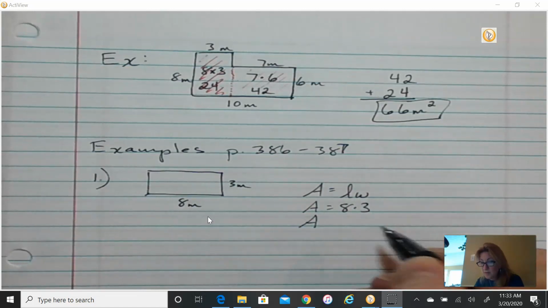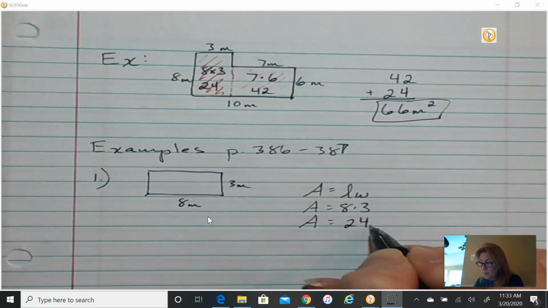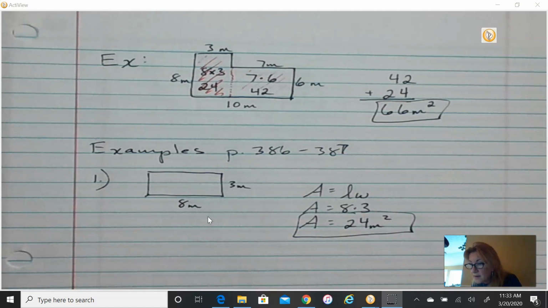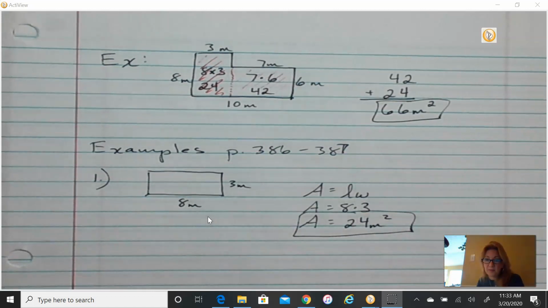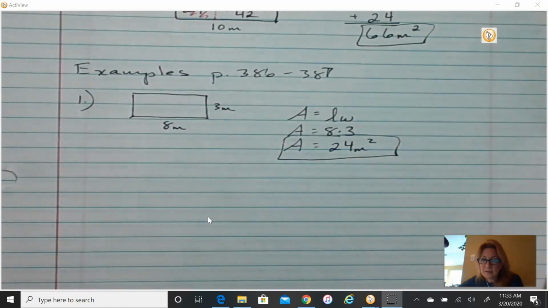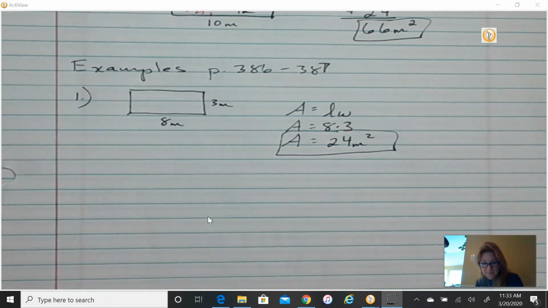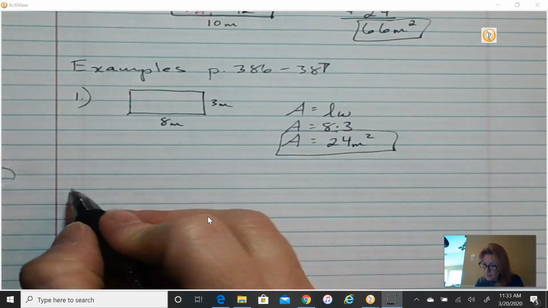And that gives you 24 meters squared. And yes, I'm going to be counting off for that label. Okay, I think you got the idea on those. Look at 13.